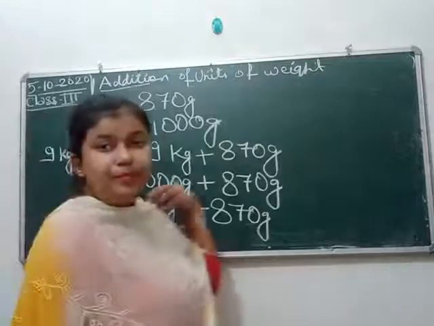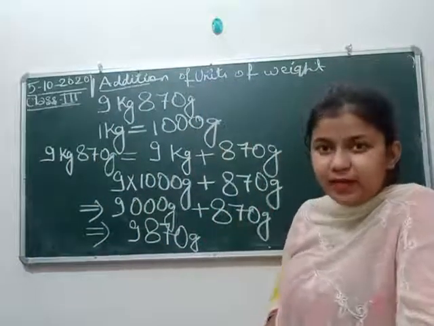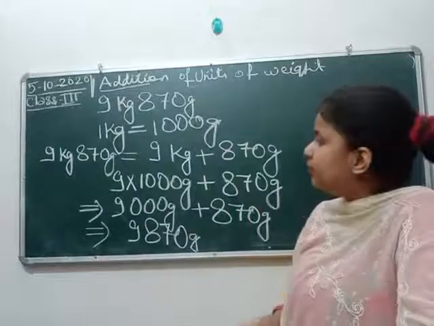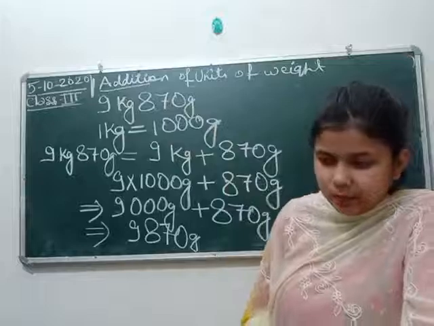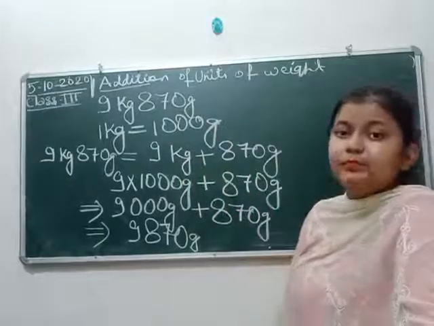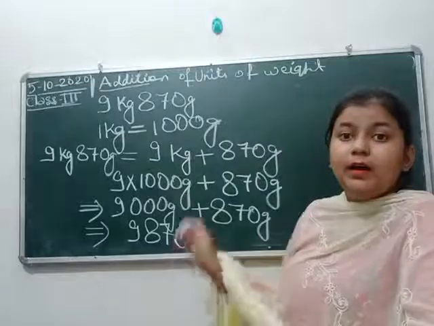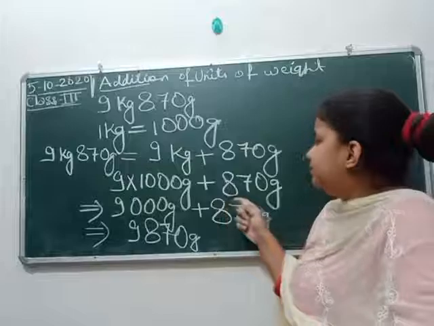Okay, what did we do? First of all, 1 kg equals 1000 gram. This we have written. Now what next? Our question was 9 kg 870 gram. So what have we done? 9 kg plus 870 gram. 9 kg 870 gram means it consists of 9 kgs and 870 grams.